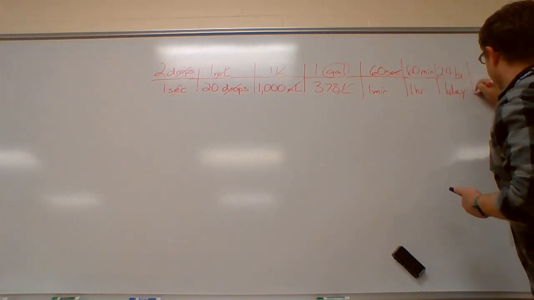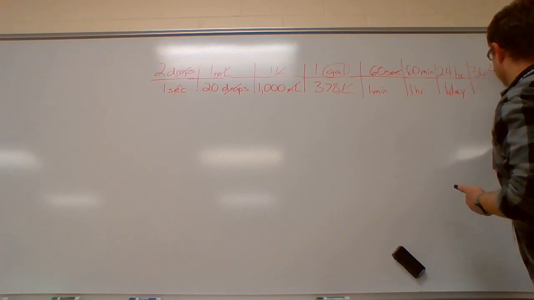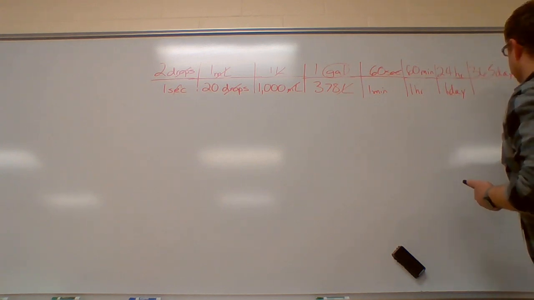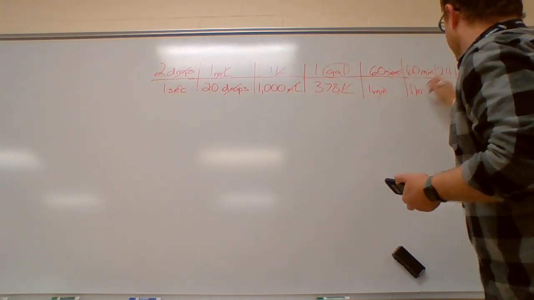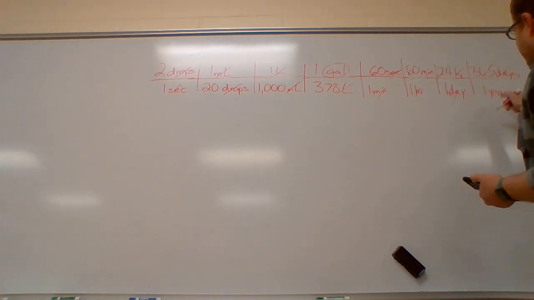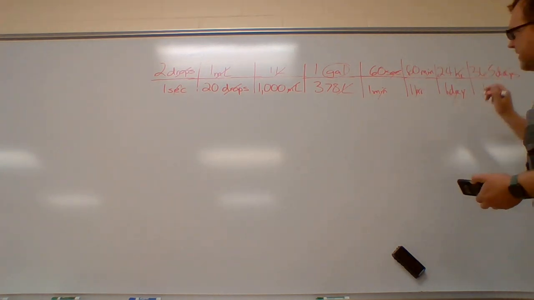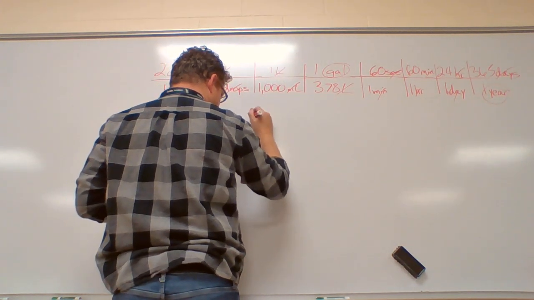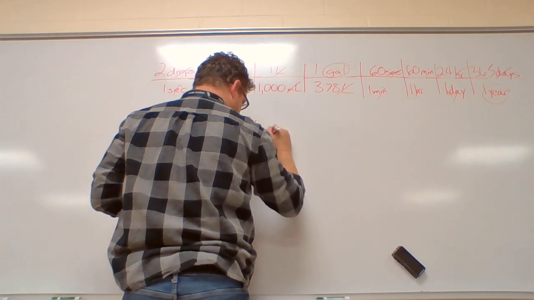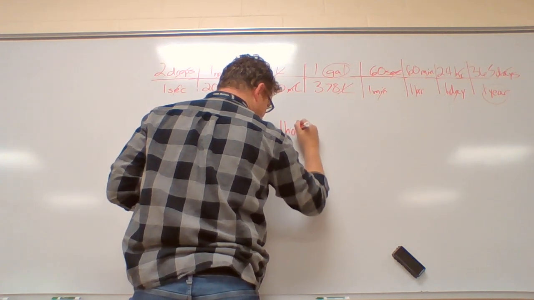And then lastly, as I'm running out of space here, 365 days equals 1 year. Once again, we cross off. So seconds to seconds, minutes to minutes, hours to hours, days to days. And then we're left with a year. So this will give us our answer of gallons per year for one household.